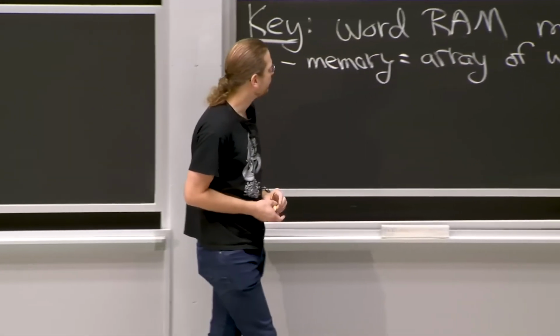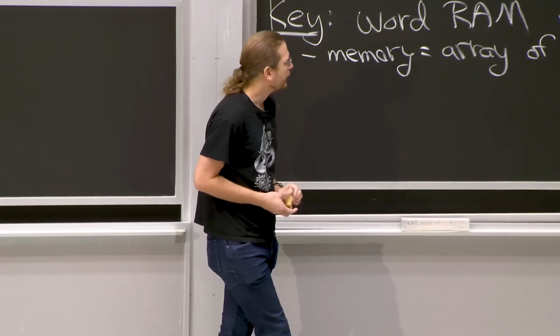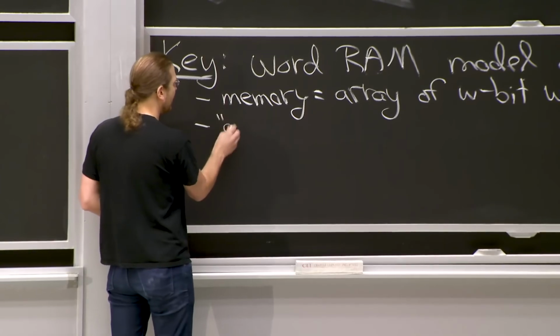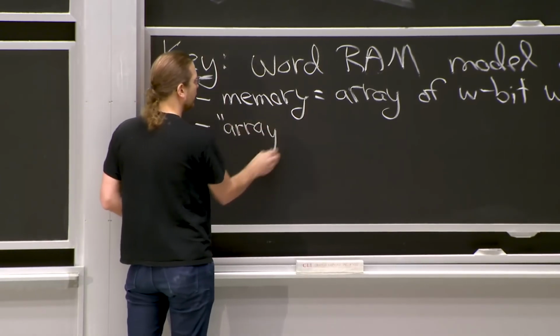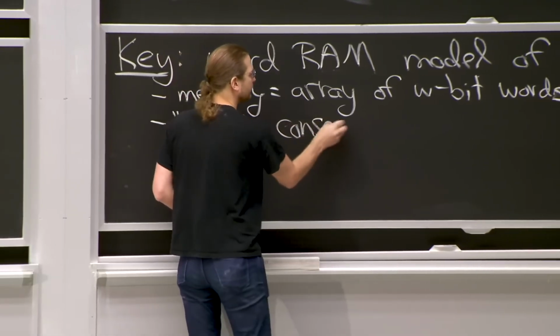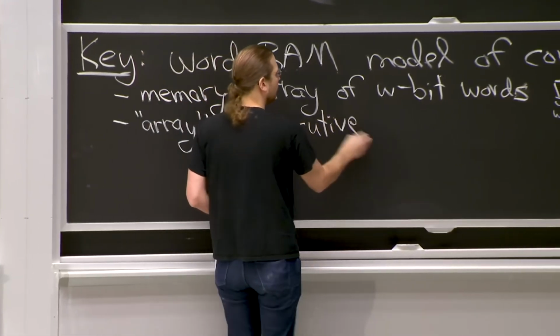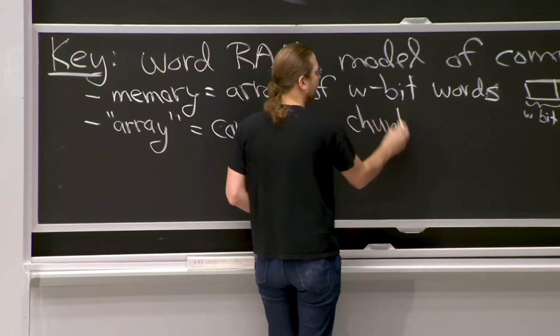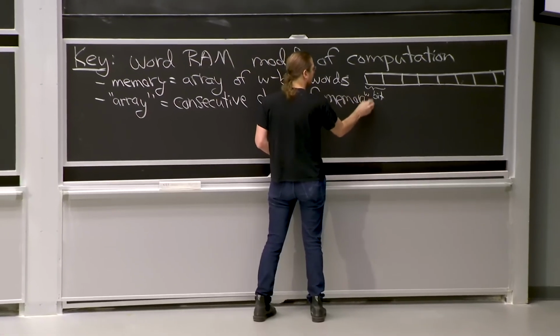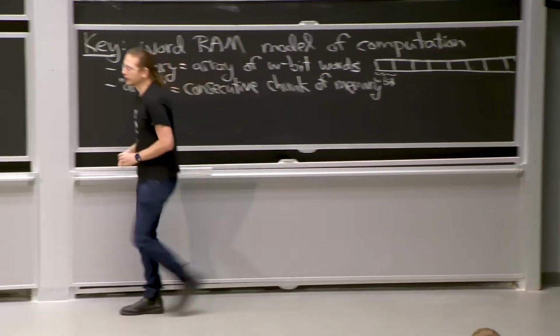OK, so that's memory. And so what we want to do is when we say an array, we want this to be a consecutive chunk of memory. Let me get a color.